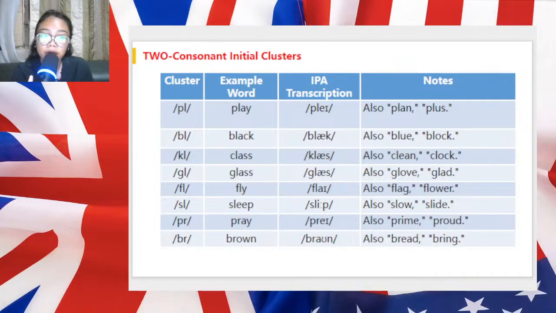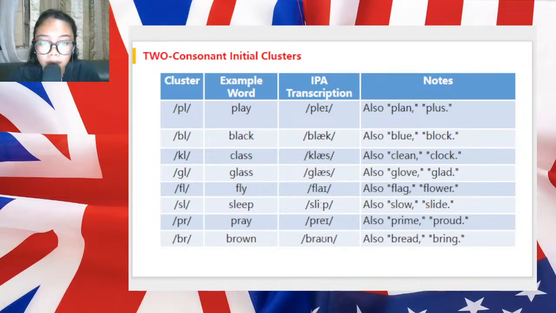They just differ on the first sound, because p-l is using the letter p sound, so that is voiceless, while the second one uses the letter b sound, which is what we consider voiced here.